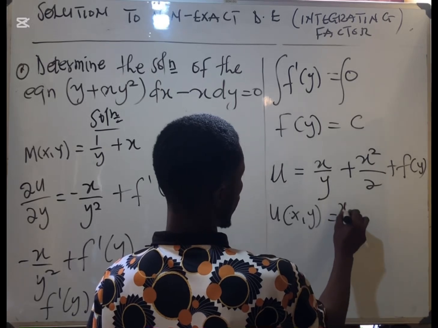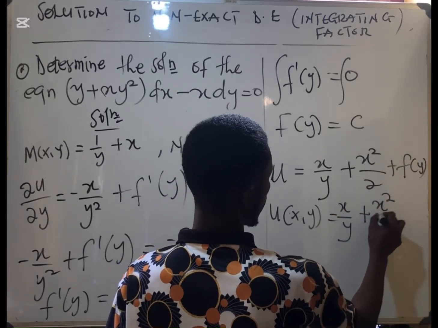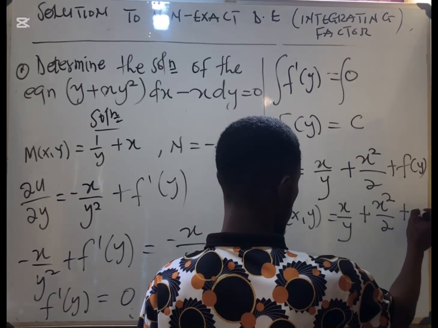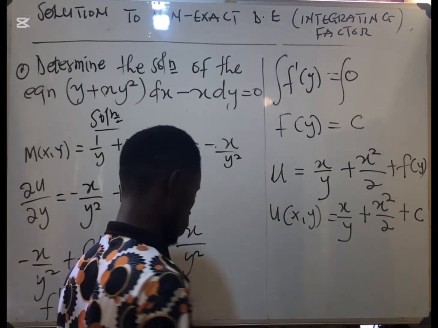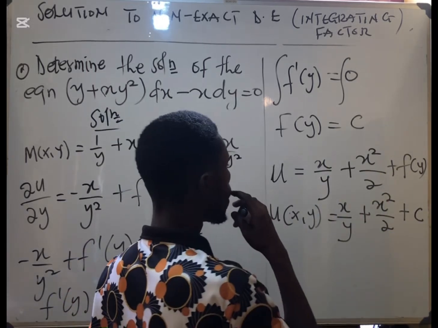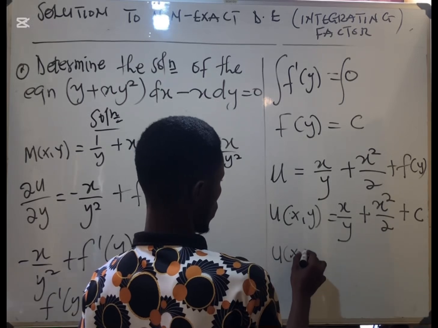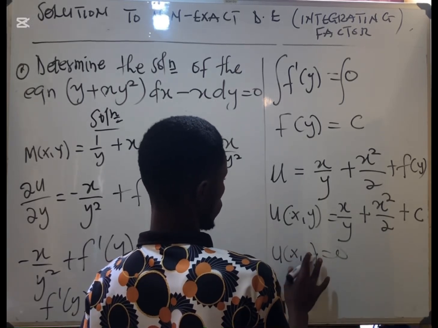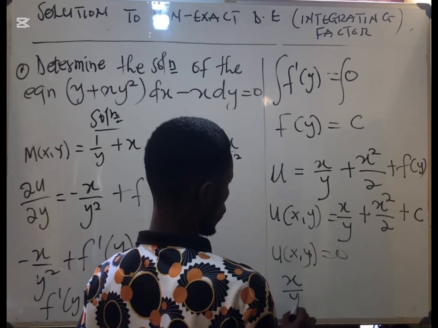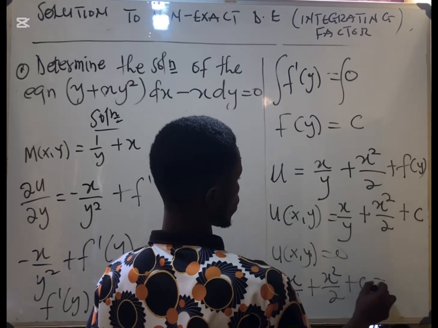Then we are going to have x over y plus x squared over 2 plus c. Okay. Yes. So now, because f at y is c, but you know, in place we said that this one can also be 0. So we can equate x over y plus x squared over 2 plus c to 0.